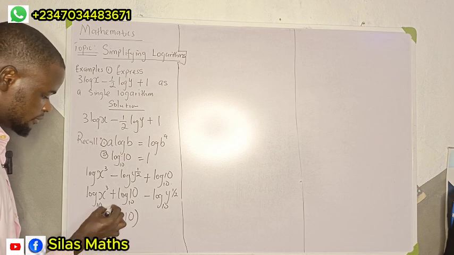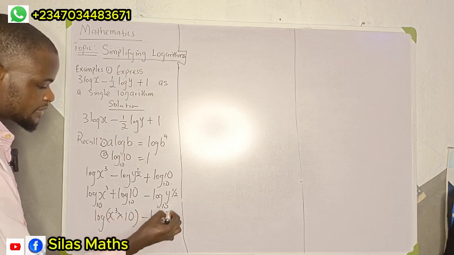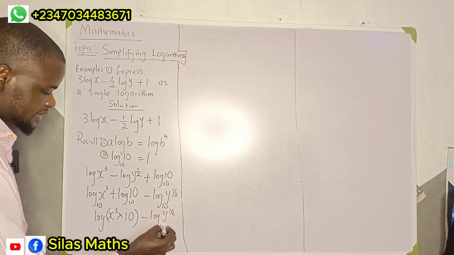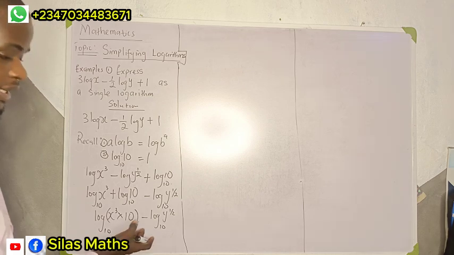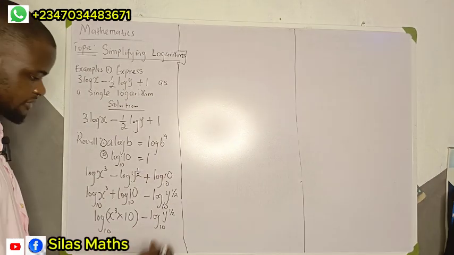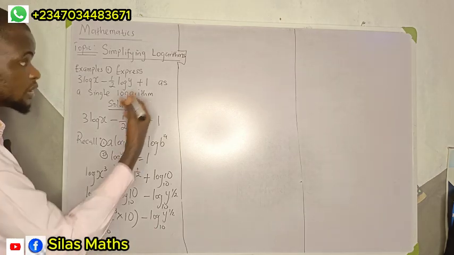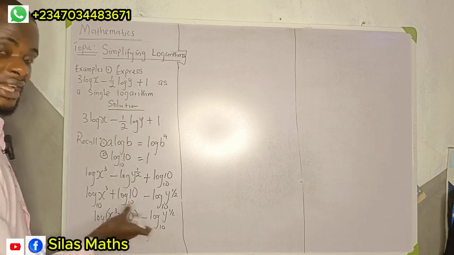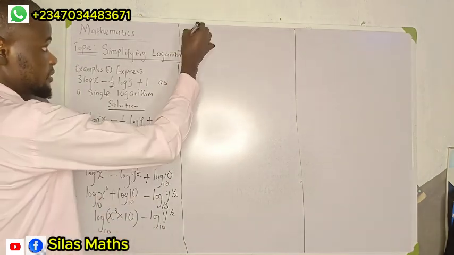That's what this will become. Then minus log y raised to power 1 over 2 base 10. And remember, they are all in base 10. Then going further, we apply the subtraction law, which implies that we're going to divide since their bases are the same. So you recall that whenever their bases are the same and they are subtracting, we divide the logs. So this becomes what?